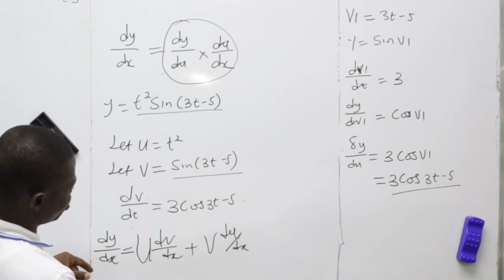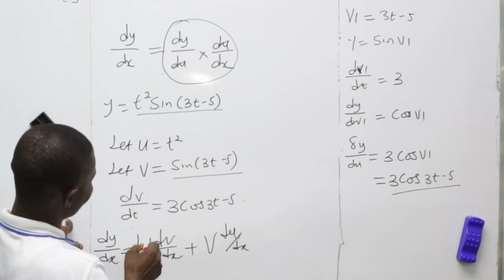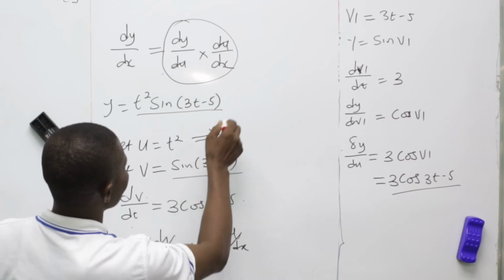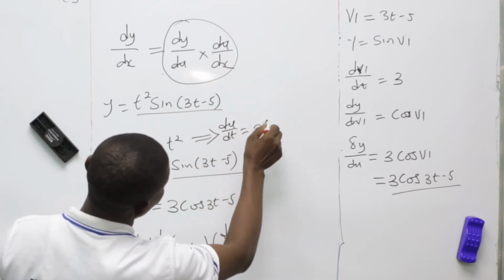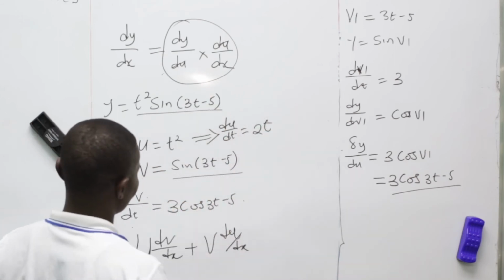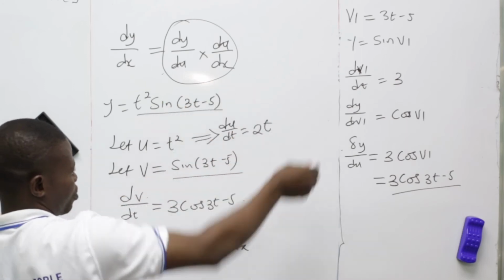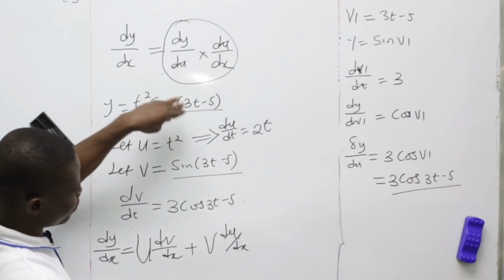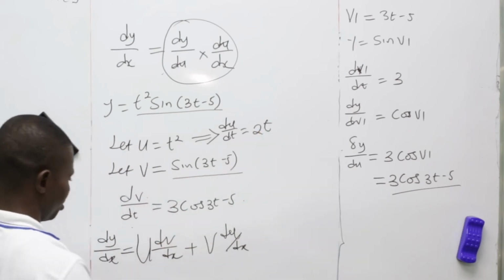So what we need to do is get our du/dt. Since u is t squared, du/dt equals 2t. So we have differentiated to get 2t. Now it's just to substitute our values.